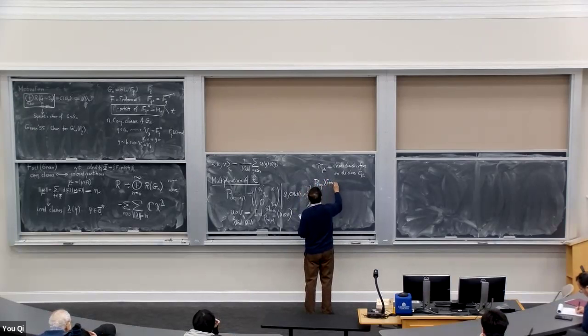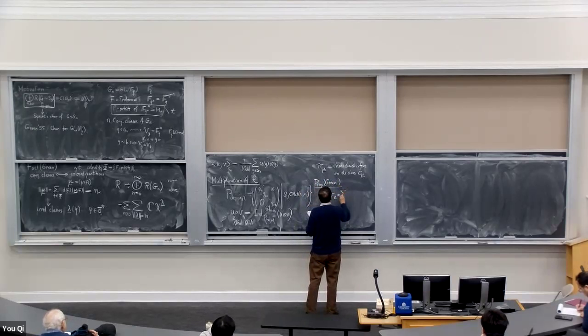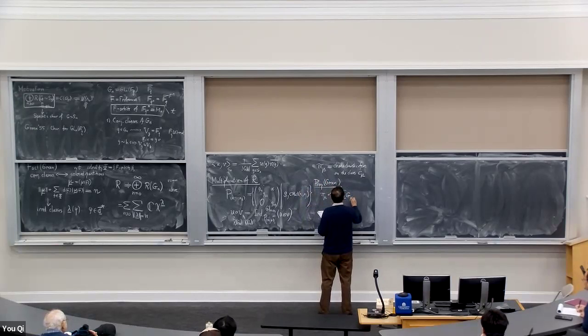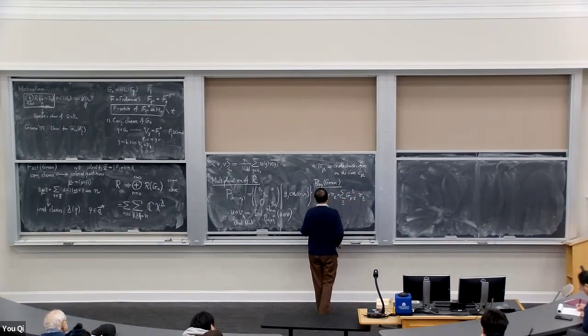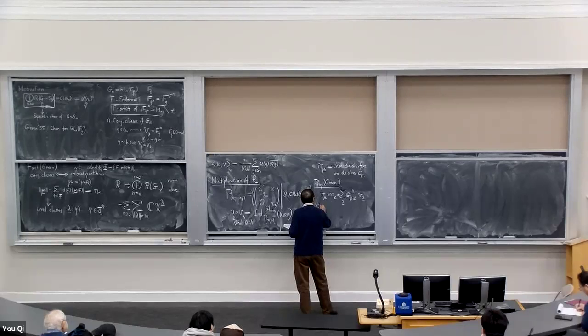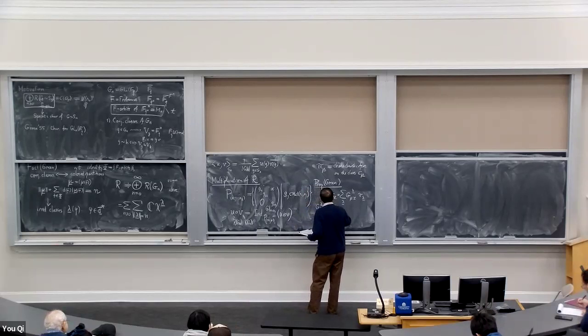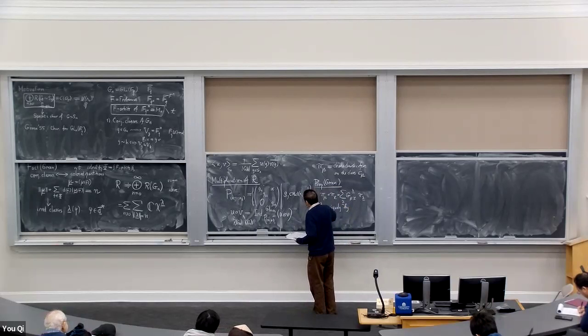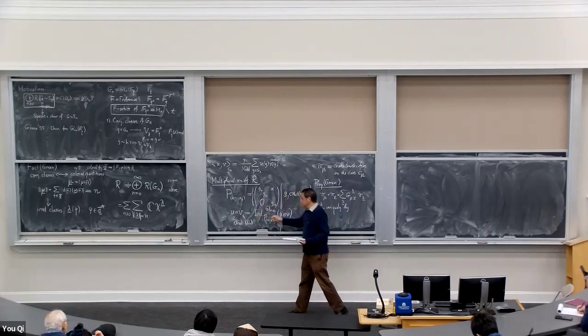So this is Green. So it turns out that this product is uniquely determined, these structure constants, by the multiplication structure, which has some generators.